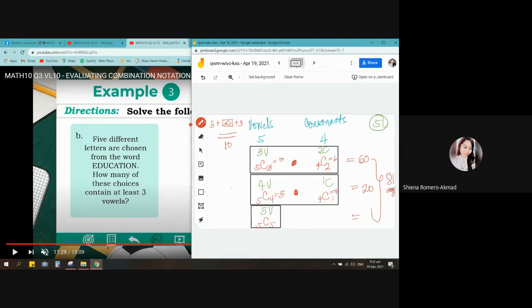So, we have 81 ways of choosing 5 letters from the word education, following the condition that at least 3 are vowels. The first scenario is 3 vowels and 2 consonants, or 4 vowels and 1 consonant, or all the letters chosen are vowels.